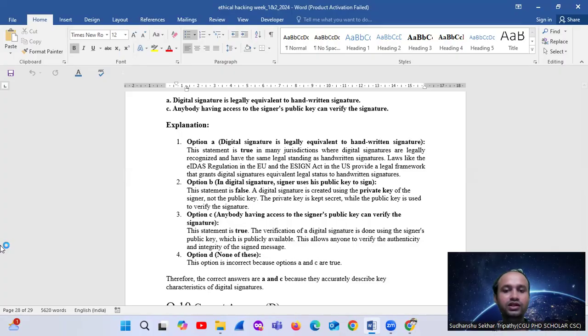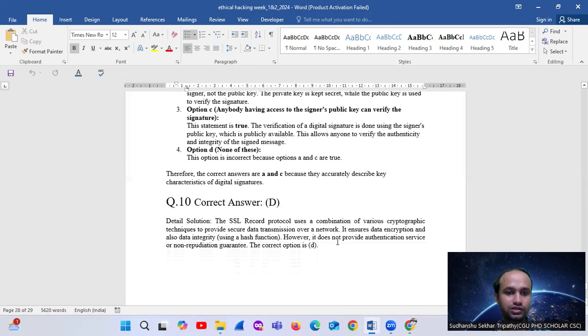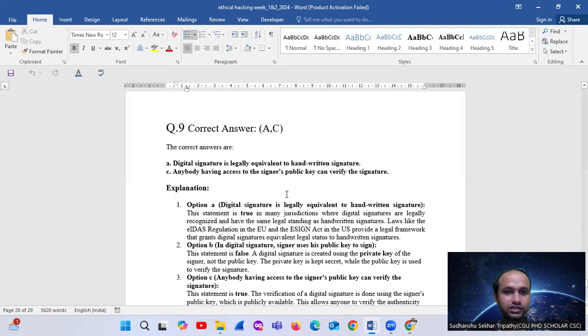The private key is kept secret while the public key is used to verify the signature. Option C, anybody having access to the signer's public key can verify the signature. It is absolutely true, because the verification of a digital signature is done using the signer's public key, which is publicly available. This allows anyone to verify the authenticity and integrity of the signed messages. So options A and C are true.